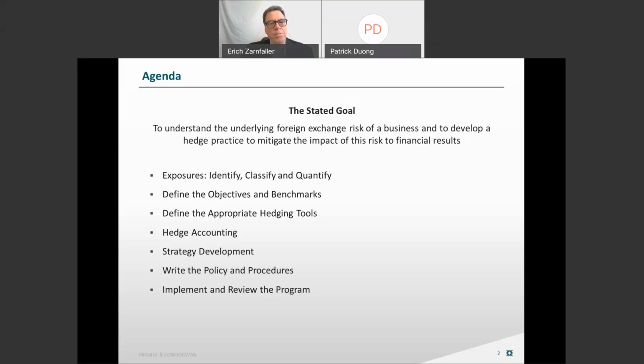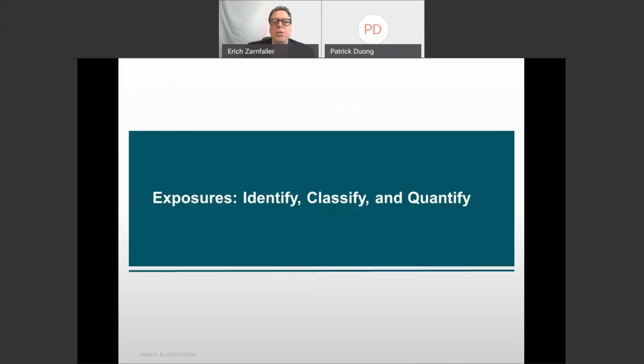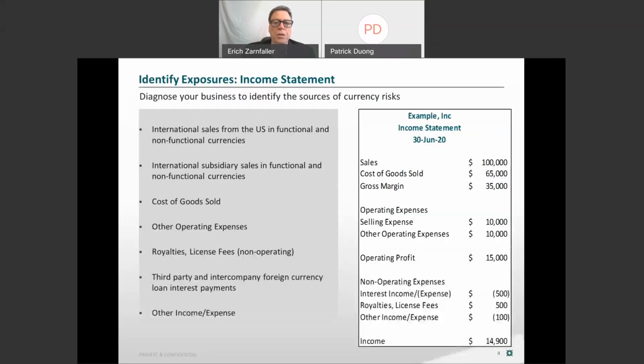Okay, let's get started. The next section reviews the most important and sometimes most difficult aspect in managing foreign exchange risk: exposures, identification, classification, and risk quantification. The foundation of the risk management program is knowing the company's exposures in detail.